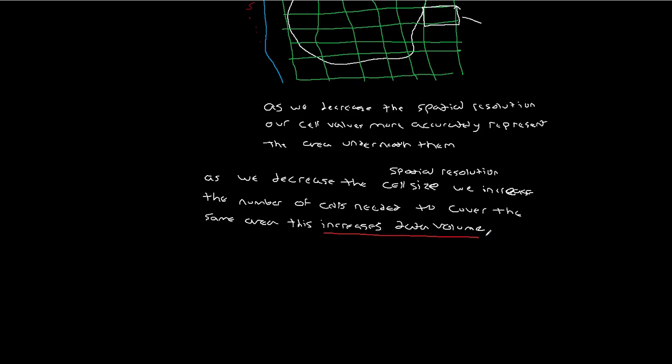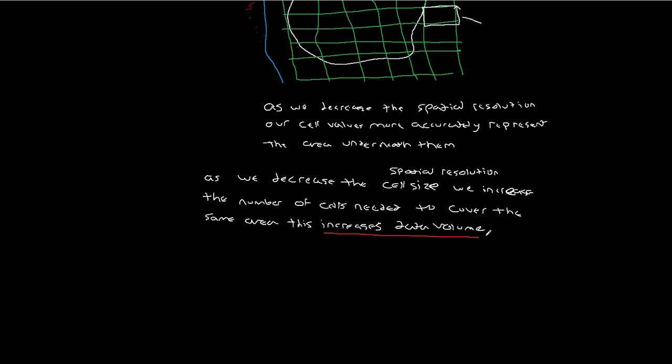That's not unreasonable. But just think for a second how many grid cells it would take to cover the entire United States if each grid cell was only 1 meter square. It would be astronomical. Your computer would not be able to handle it. You would have to start getting into supercomputers, and it would become very expensive and time consuming to process.